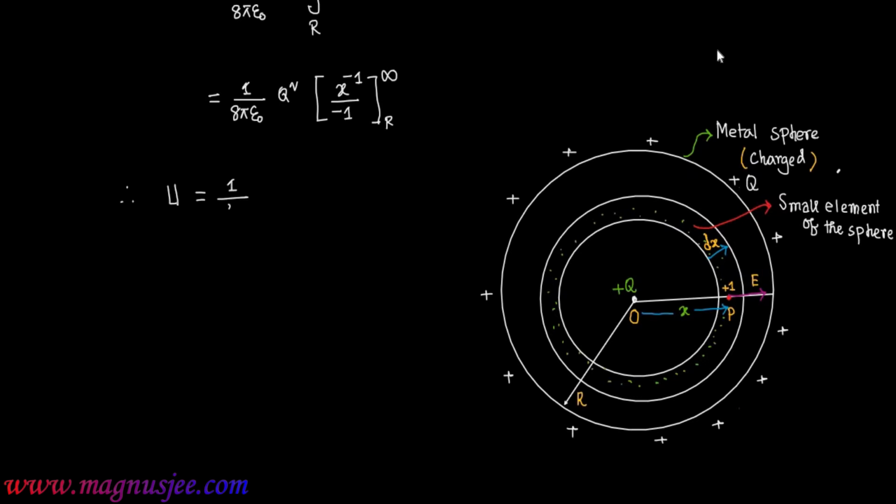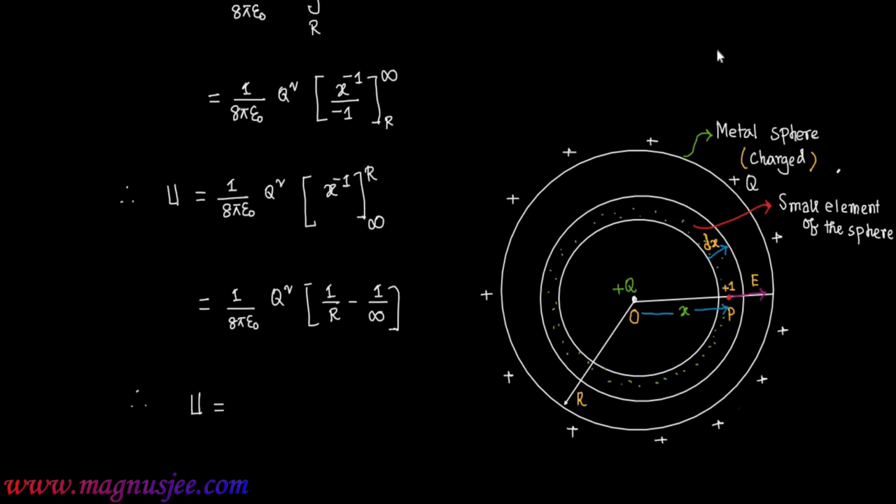Changing the limits, U equals 1/(8 pi epsilon 0) q squared times (1/R minus 1/infinity). Therefore, U equals 1/(4 pi epsilon 0) q squared divided by 2R.